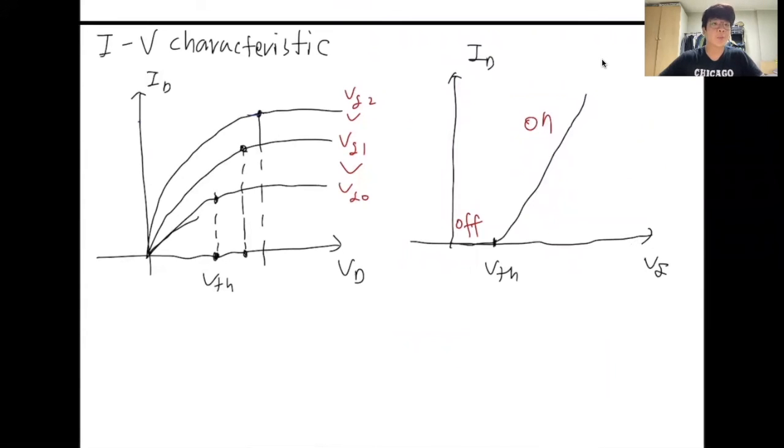The current and voltage characteristics of a MOSFET have 2 types. First of all, the drain current versus drain voltage, and the drain current versus gate voltage.